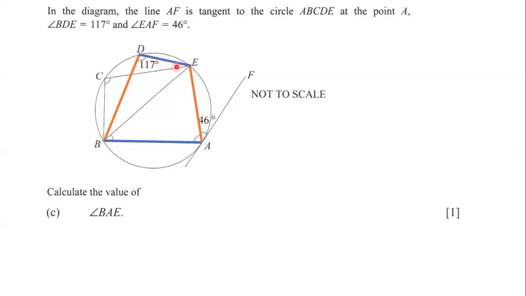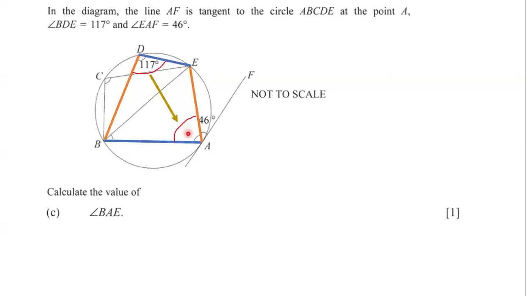So it's a cyclic quadrilateral. And the theorem for cyclic quadrilaterals tells us that opposite angles in a cyclic quadrilateral must add up to 180 degrees.